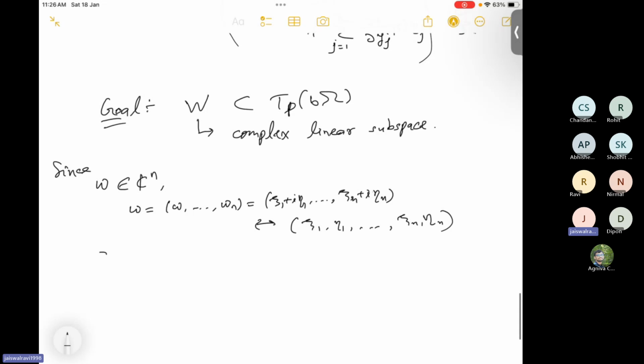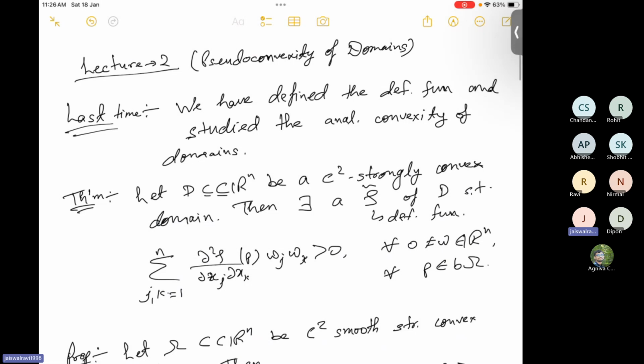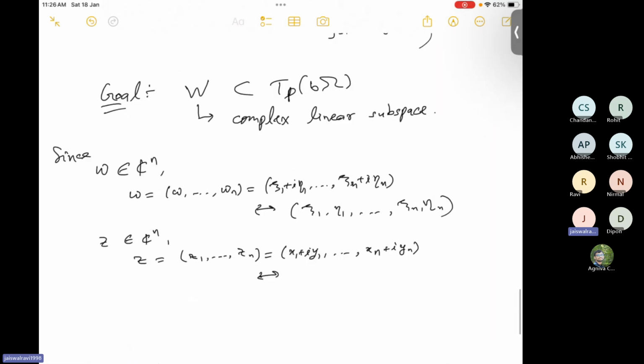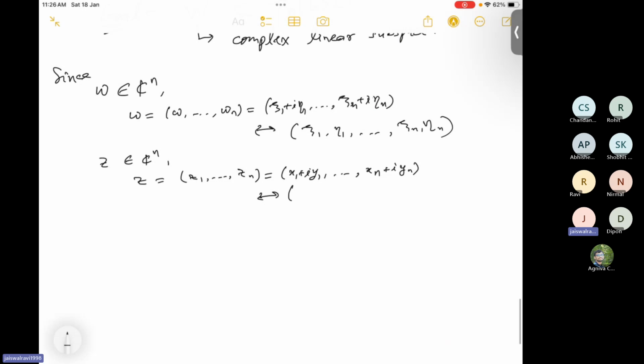Similarly, you can identify z in Cn as z1 to zn, which is x1 plus iota y1, dot, xn plus iota yn, equivalent in R2n to x1, y1, dot, xn, yn. I'm just writing the notation for w and z in Cn and R2n.